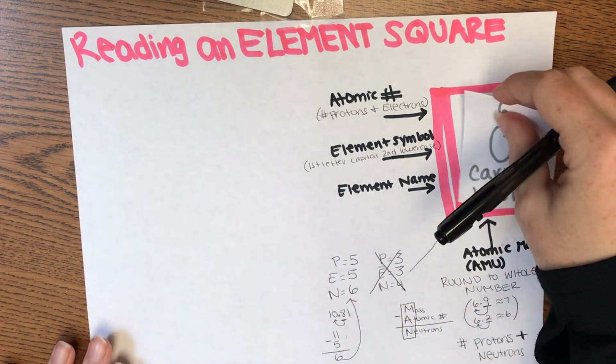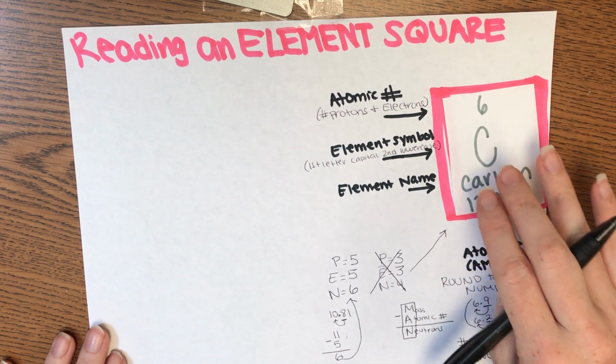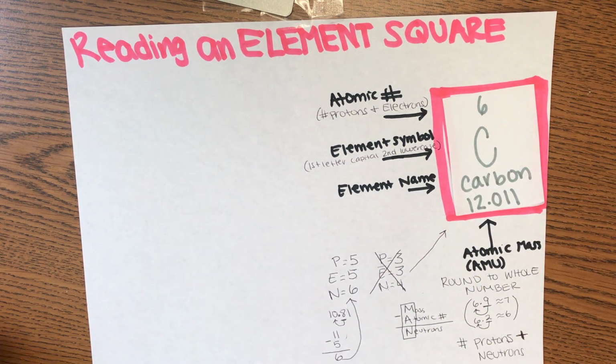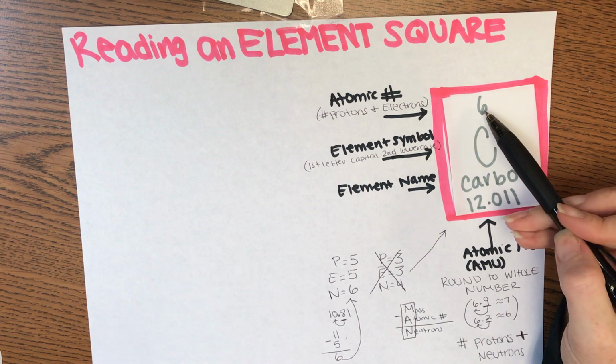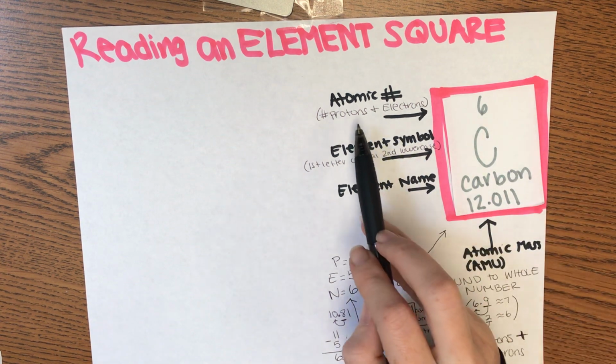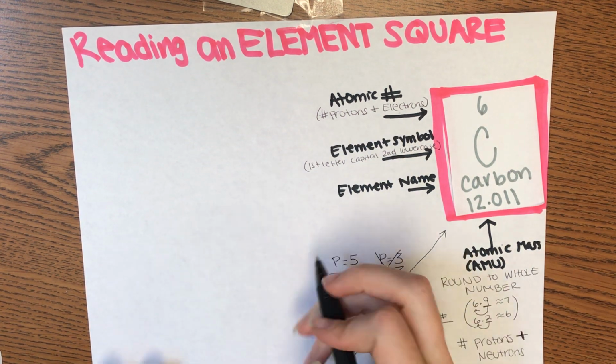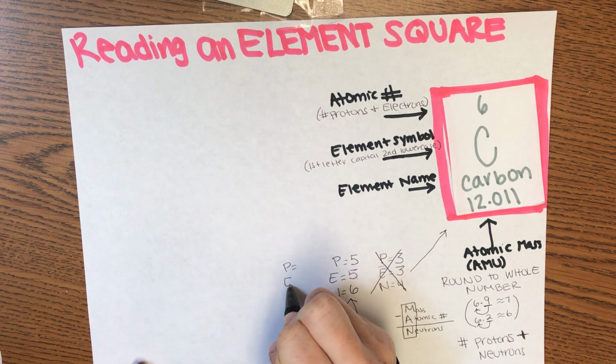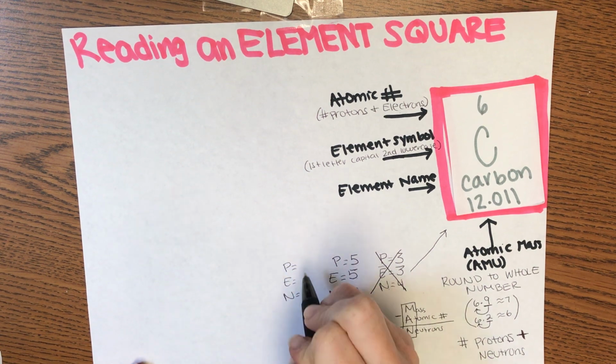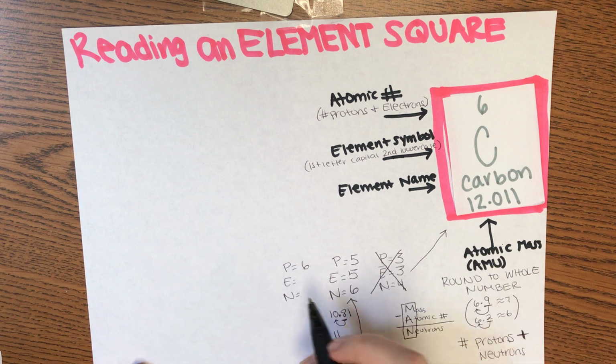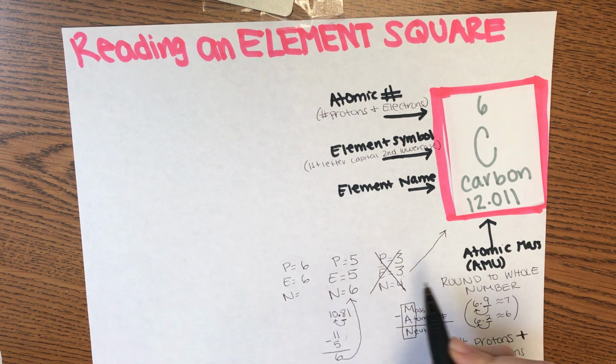Let's do carbon. Carbon has an atomic number of 6, which means 6 protons and electrons. Let's go ahead and write that in. 6 protons, so that tells us 6 electrons. Now we need to find the mass.